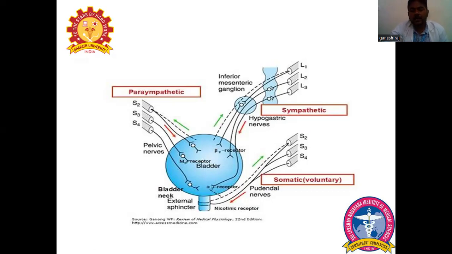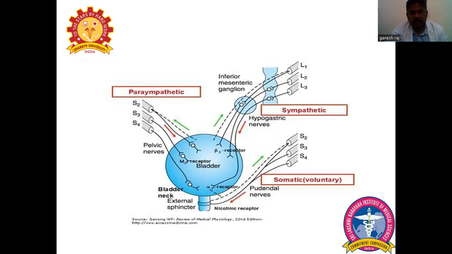So whenever they ask you the nerve supply of the bladder, what will you say? The bladder is made up of detrusor and internal urethral sphincter. These two are smooth muscles, so they are supplied by parasympathetic and sympathetic nerve fibers. The parasympathetic nerves come through the S2, S3, S4 segment of the spinal cord, and together they are called pelvic nerves. Sympathetic nerves come through the L1, L2 segment of the spinal cord, and together they are called the hypogastric nerve.